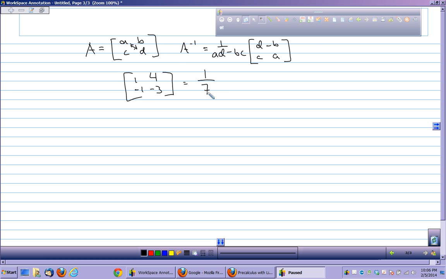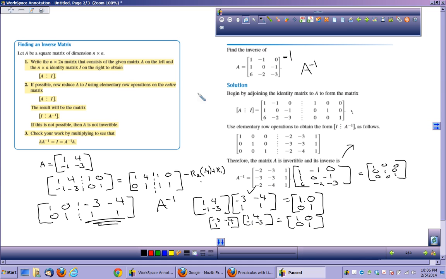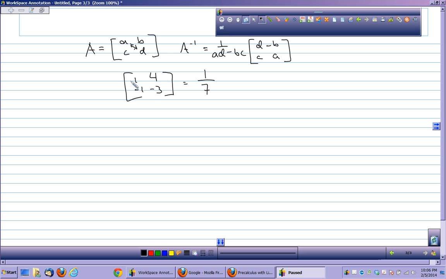Did I do that? Let me go back. 1, 4, -1, -3. So the determinant is -3 minus -4, which makes 1, times, I'm going to take the A and the D and switch places, okay?